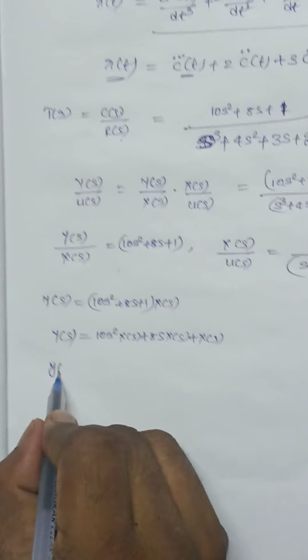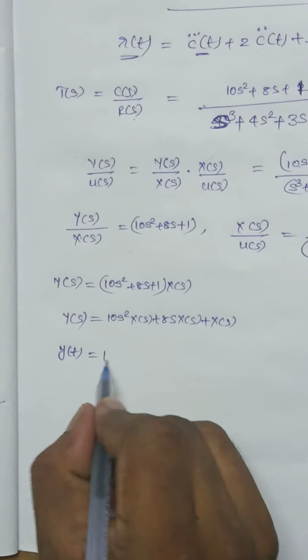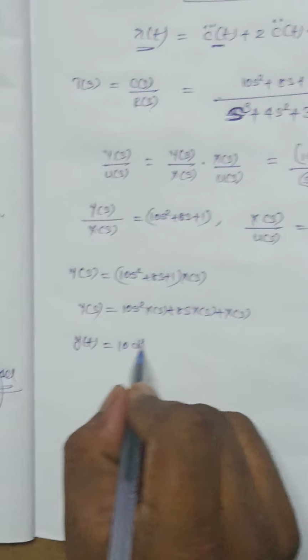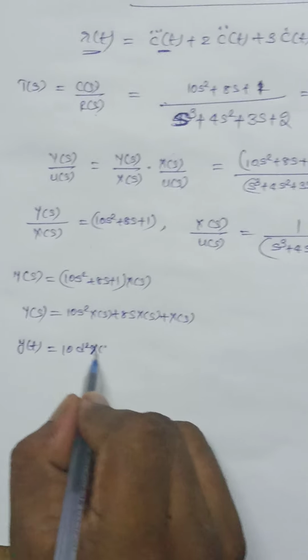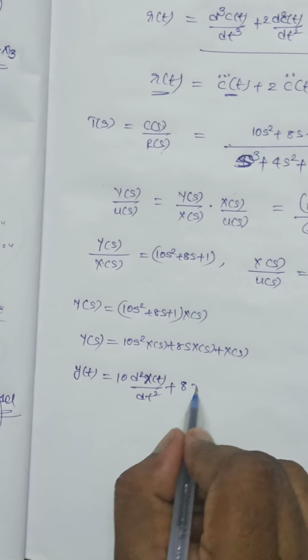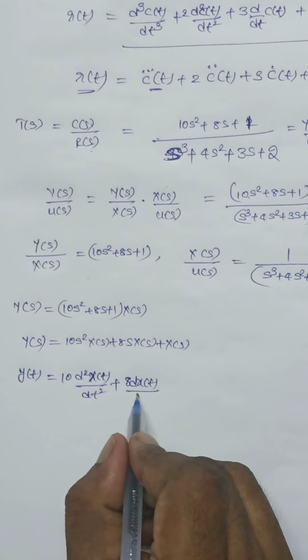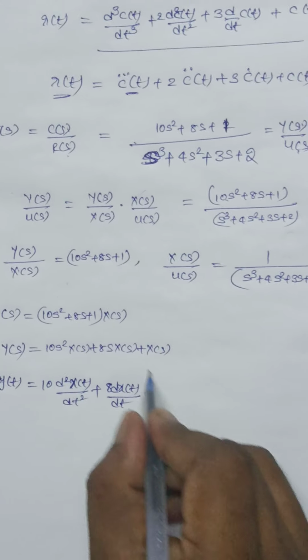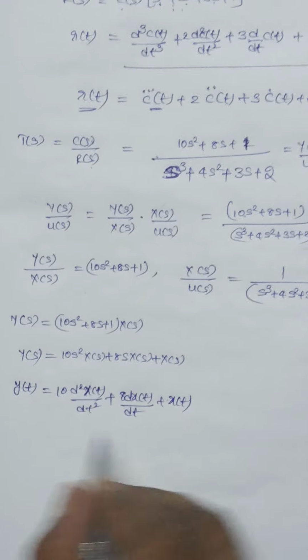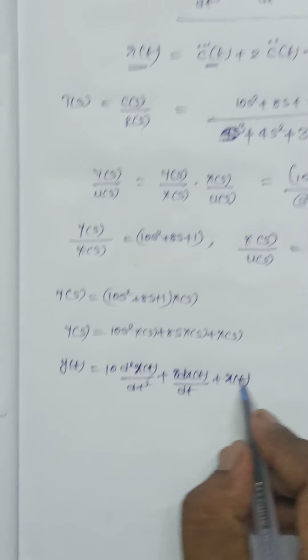If I want to find y of t, that is 10 into d square x of t divided by dt square plus 8 into x of t, that is s into x of s means dx of t by dt, plus x of t. So this is the output.